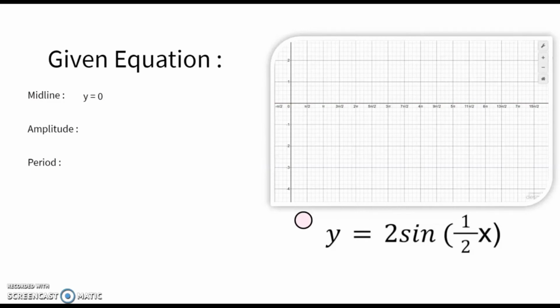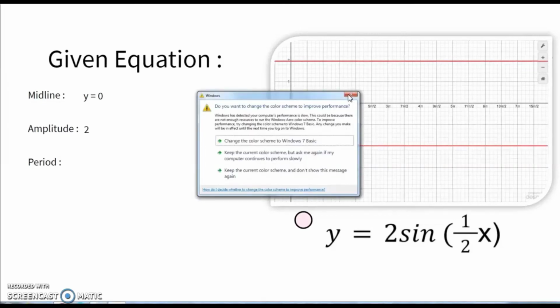The amplitude is A, if you remember from the other side. You can see there's a number in front of sine, which is 2, and that's A, so the amplitude is equal to 2. So you graph the maximum at 2 and the minimum at -2.